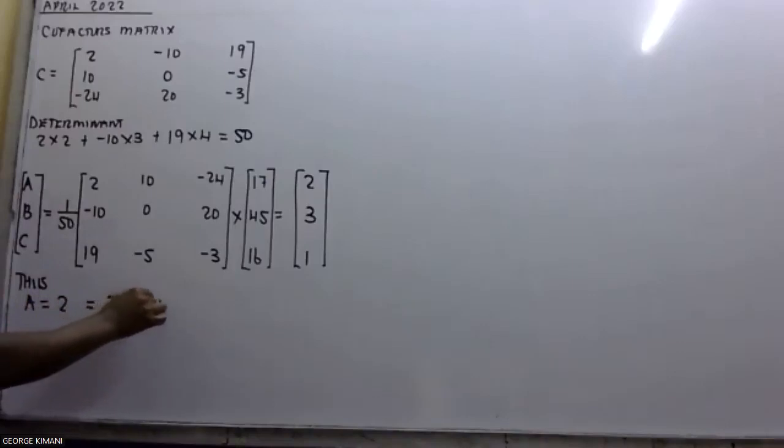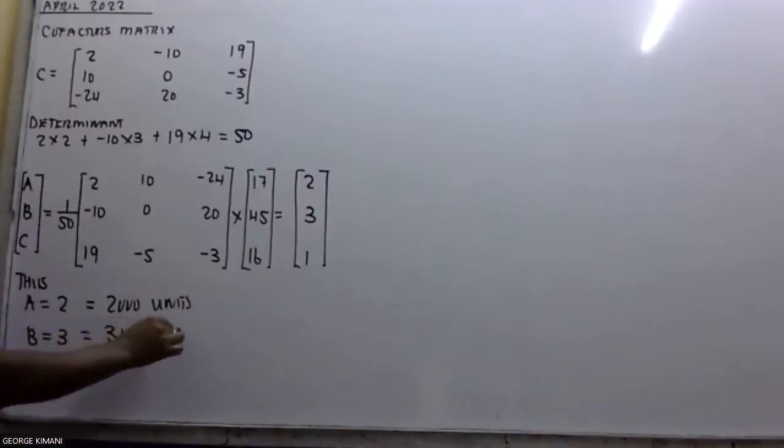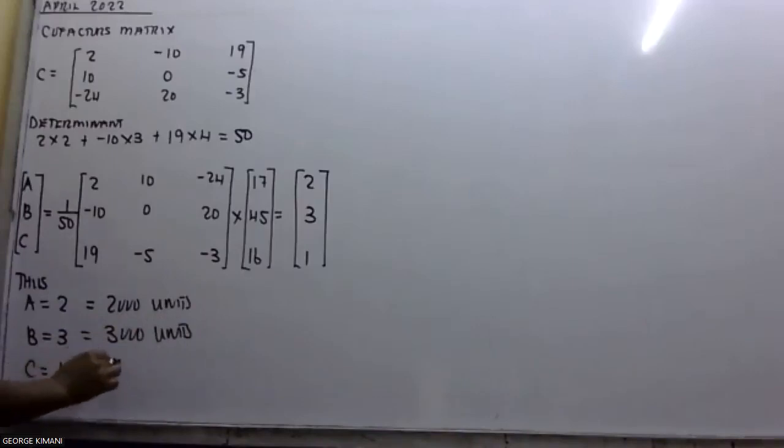You say it's 2,000 units. B is 3, which you can now bring back and tell us there are 3,000 units. C is 1, which you can bring back and tell us 1,000 units.